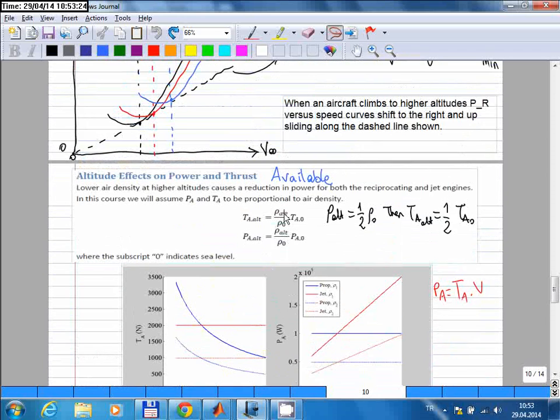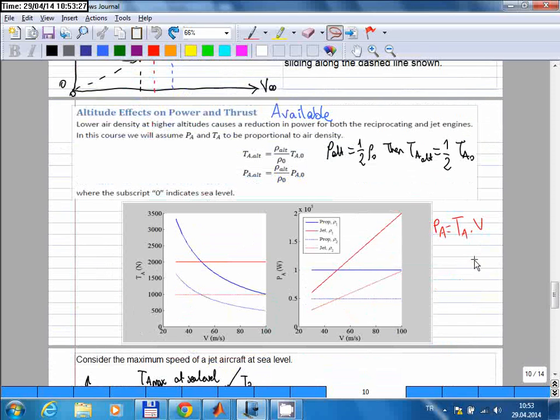The available thrust and power depend on altitude as well, and the dependence there is linear. So we use these relations to represent that. If the air density is half, for example, then the available thrust or available power will be half as well.